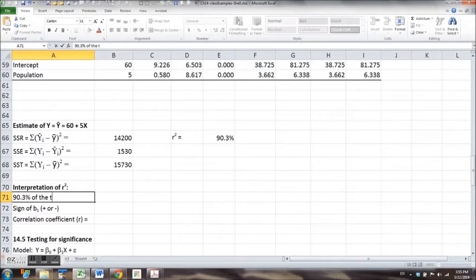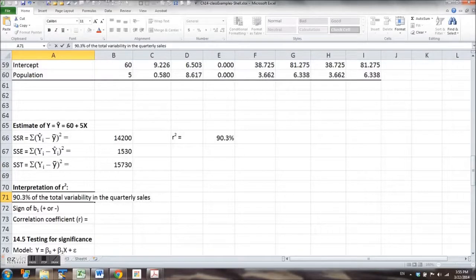90.3% of the total variability in the quarterly sales.